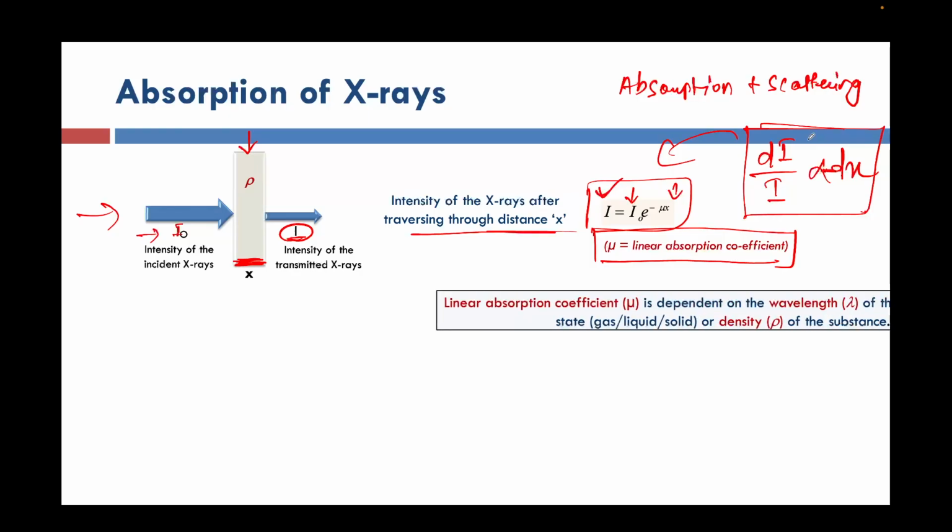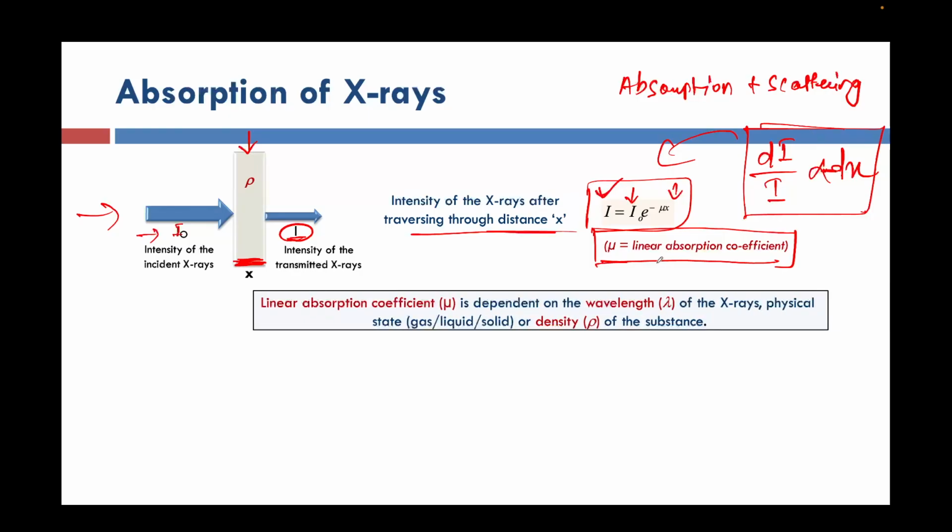But now I have no idea about this linear absorption coefficient. Experimentally we got to know that it is dependent on three factors. One is wavelength, another is the physical state of the matter, that means whether the material is gas, liquid or solid, and another is the density of the substance.